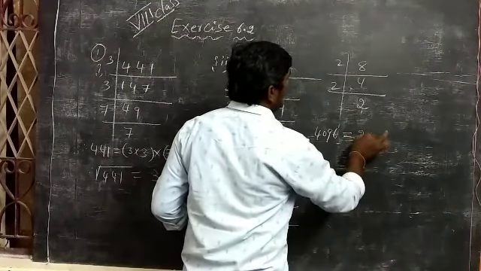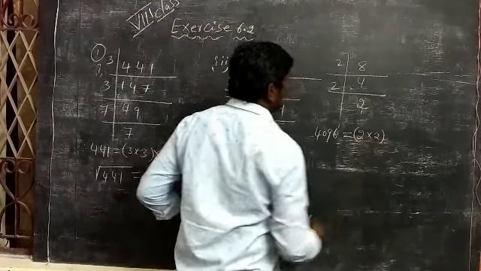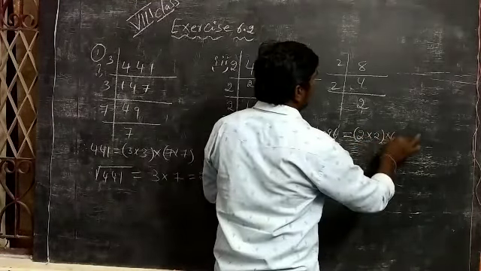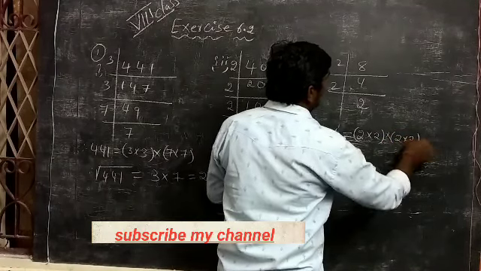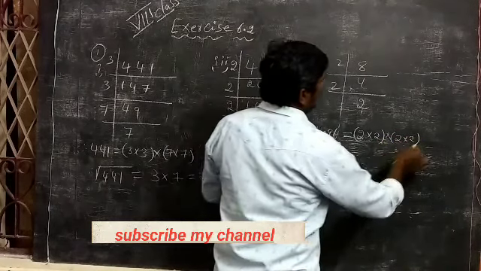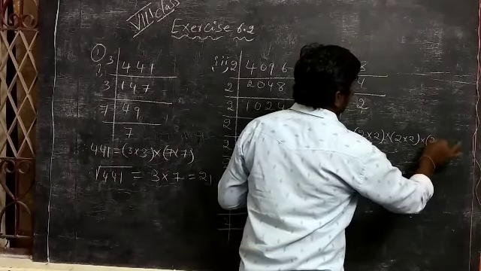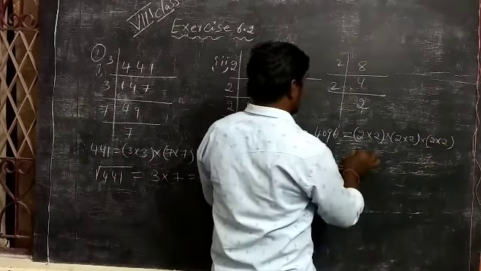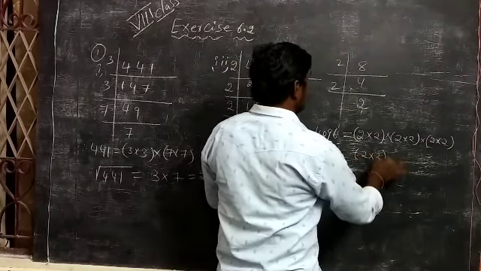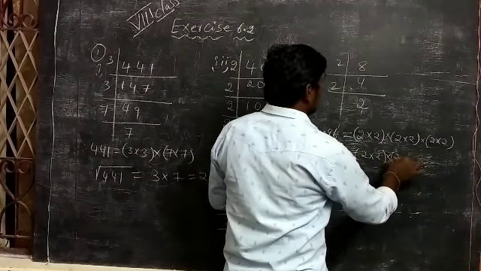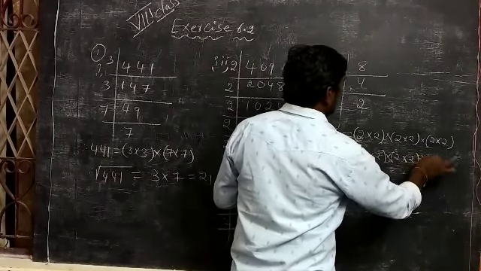So write this two as one group. Next 2, 1 2 3 4, 2 groups completed, 3 groups, 4 groups, 5 groups, 6 groups.